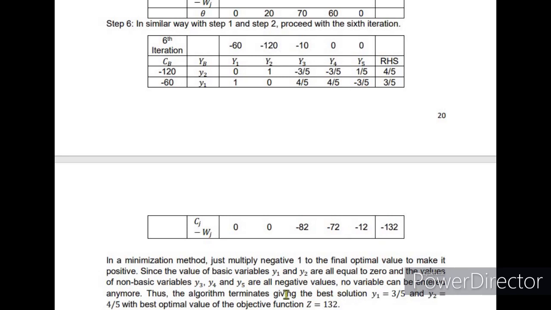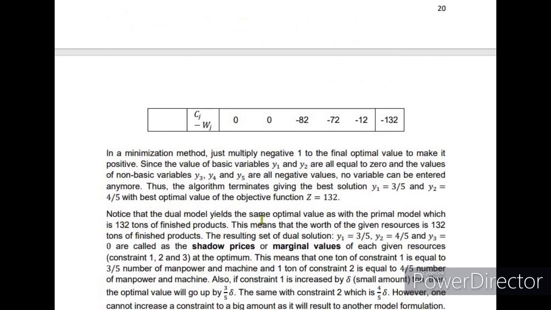So no variable can be entered anymore. The iteration will terminate, giving this best solution: y sub 1 is equal to 3/5 and y sub 2 is equal to 4/5, with the optimal value of 132.